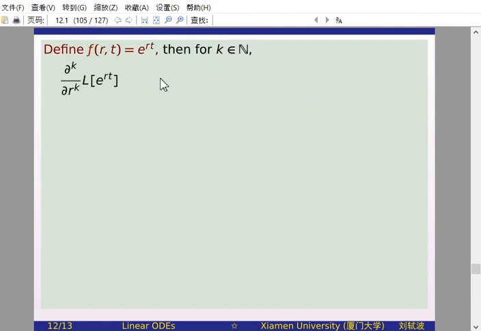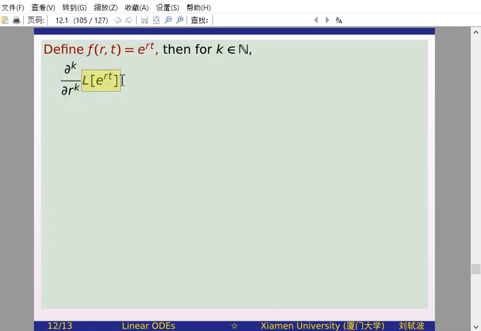Then for any non-negative integer k, the k-th ordered derivative of L e^(rt), the differential operator acting on this function, gives you a new function.